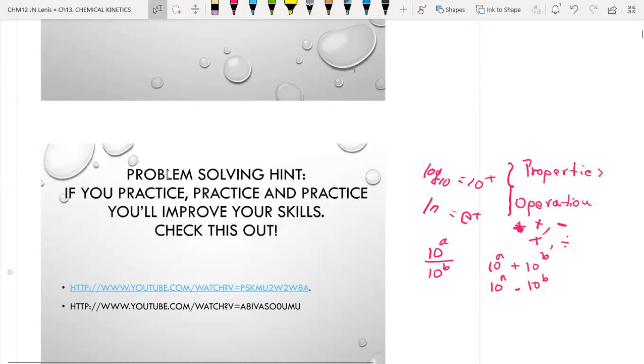So, what is the hint for problem solving strategies? It says, if you practice and practice, you will improve your skills. So how do you improve skills? Practicing and practice and practice.